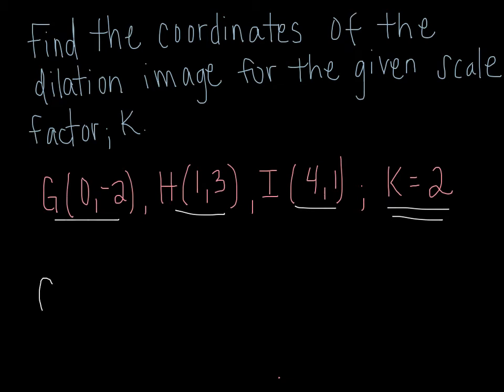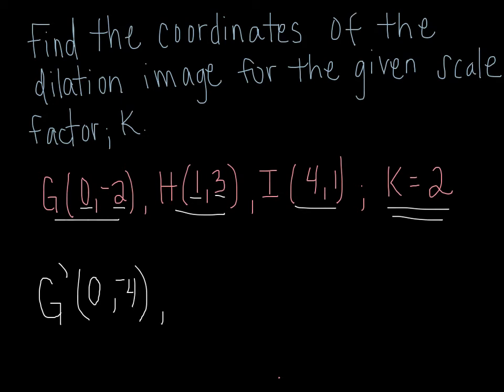To write our new points, we'll say G prime, because remember prime represents new. We have to multiply 2 times every x and y in every coordinate. So 0 times 2 is 0. -2 times 2 is -4.